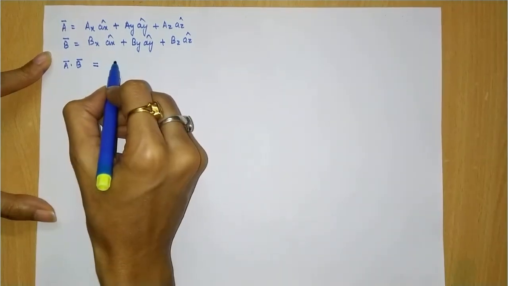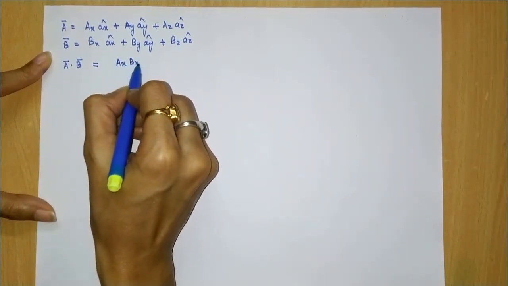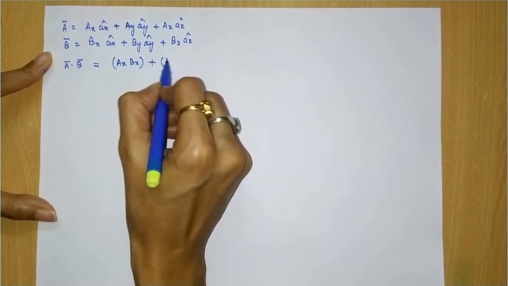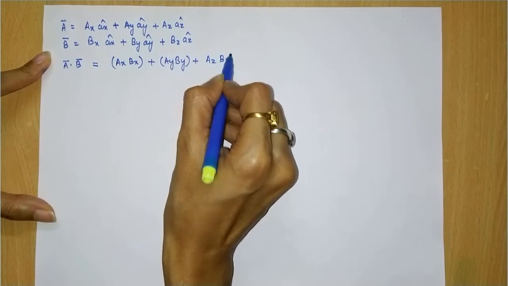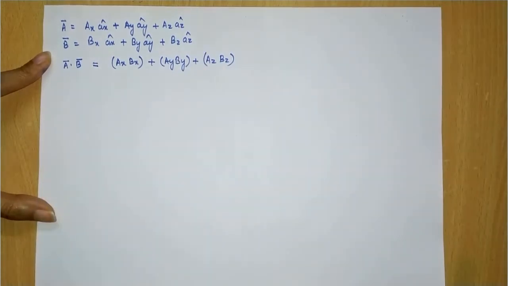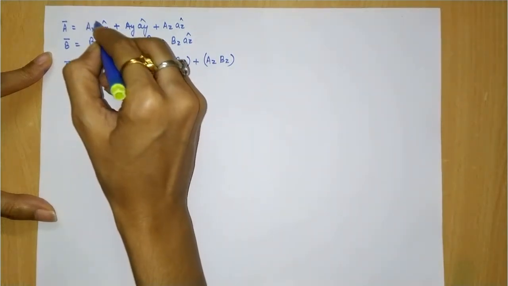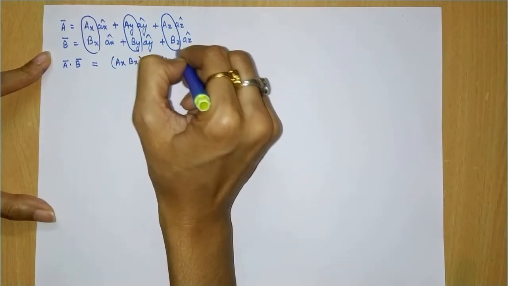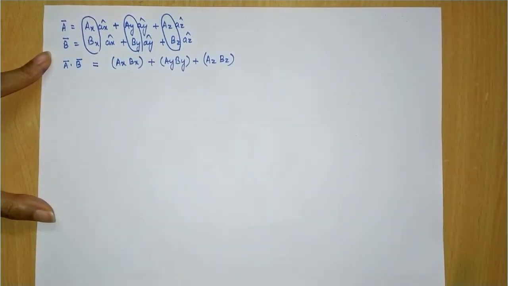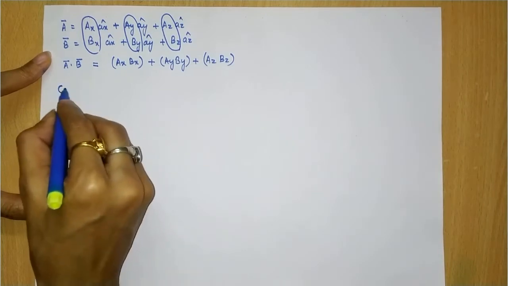Hence A dot B can be written as Ax Bx plus Ay By plus Az Bz. That is, we have to take the product of corresponding components and sum them. This will give us dot product between the two vectors. Similarly, we can define cross product.